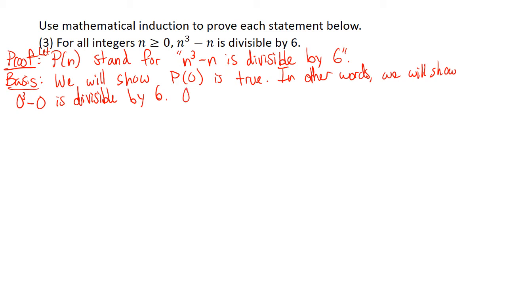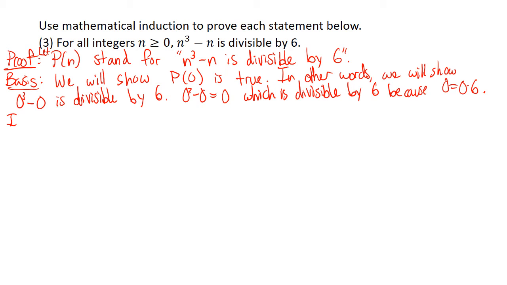This is not very hard to do because 0 cubed minus 0 is 0, which is divisible by 6 because 0 can be factored into 0 times 6.